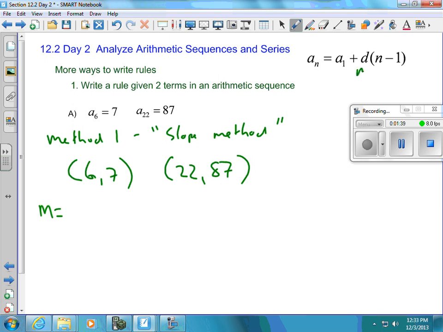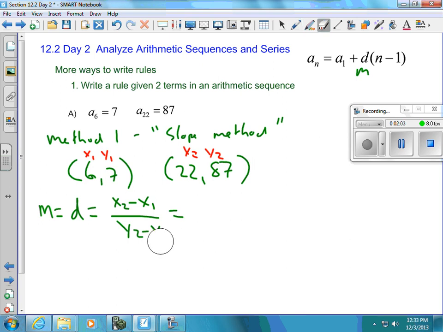Well, it's really the d. So I say, okay, here's x1, y1, here's x2, y2. We are going to use those values to find our slope.